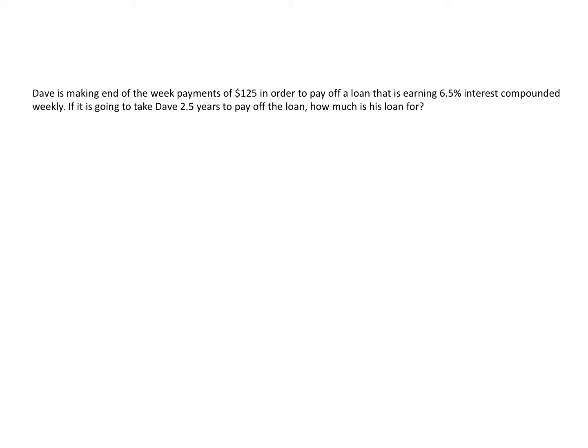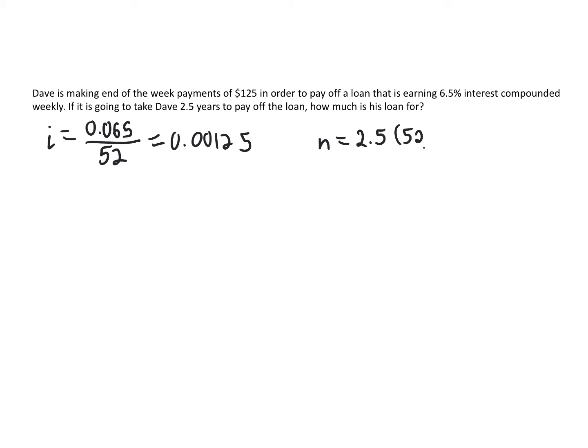All right, example 4, we have Dave paying off a loan, but we don't know how much his loan's for. So let's see if we can figure that out. So first, we're going to calculate I. Divided by 52 for weeks in a year. And then our N, we have 2.5 years times 52, so 130 weeks total.